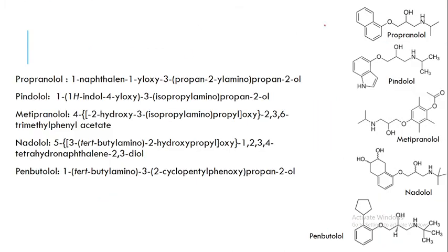So this is the structure of propranolol, pindolol and metipranolol, where the isopropyl group is common in all these three structures. Let us understand the IUPAC name of any one drug. So this is the one position: 1-naphthalenyloxy, because the oxy group is there. Then at the three position, propan-2-ylamino.